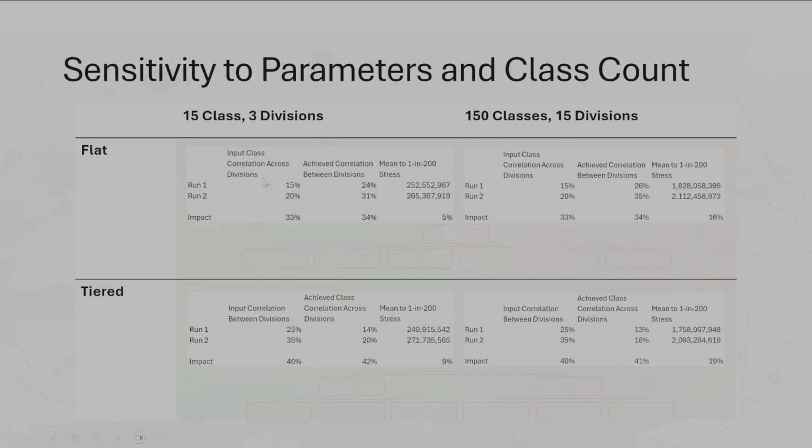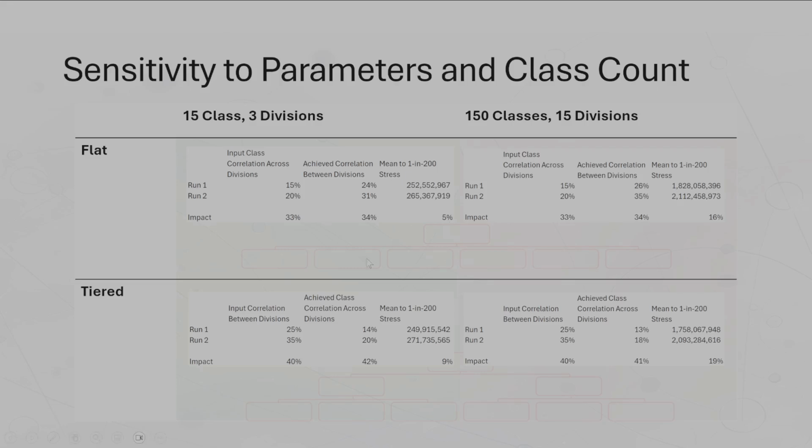So we can see in this first run, our input correlation strength going from 15 to 20, so that's a sort of 33% increase in that assumption. And we're achieving a broadly proportional increase in the achieved strength of the correlation between the divisions. We're seeing a 5% increase in the modeled stress.